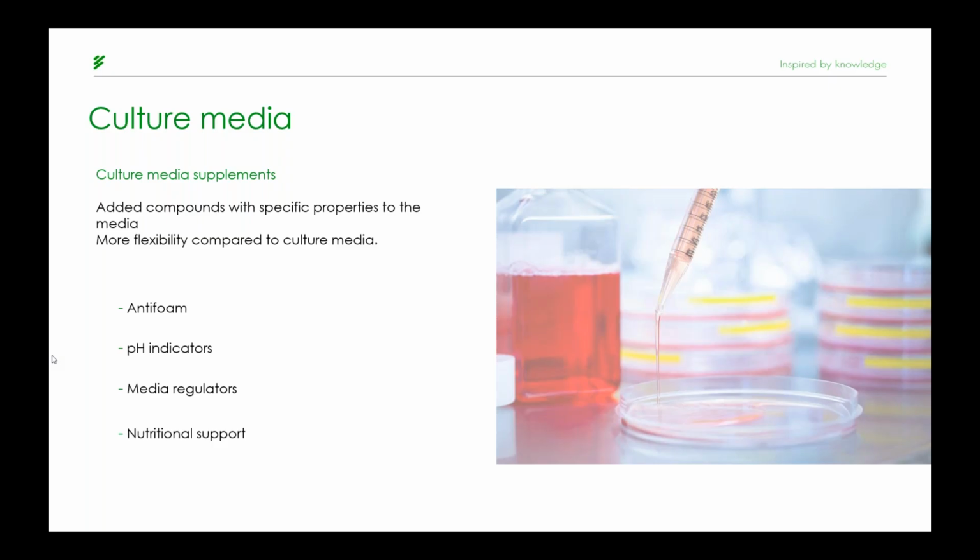In bioreactors, the high revolutions can generate a lot of foam, and this can inhibit the exchange of gases. Also, supplements can be used as pH indicator, for example phenol red, which is very used in the culture media, giving this famous red color.